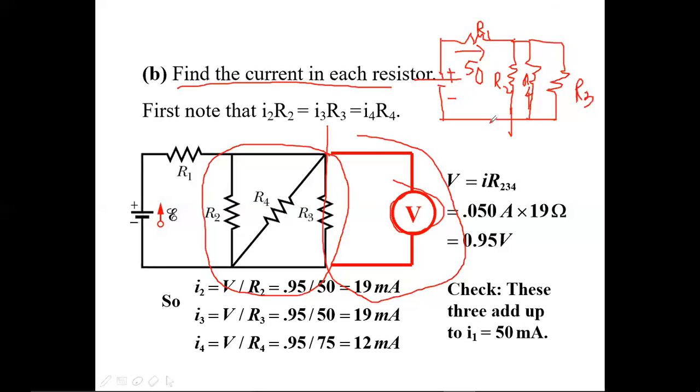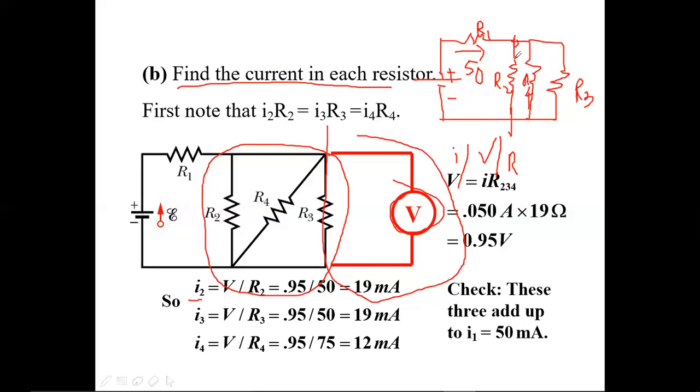If I know the value of voltage and resistor for these three resistors, then I can find the current easily, which is nothing but I equals V by R. Same I'm going to apply.